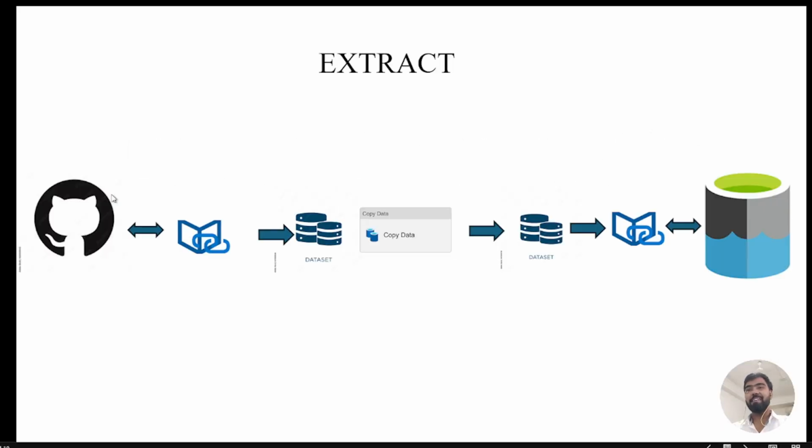Just a quick recap of what we have done till now. In part one, we extracted the raw data from a GitHub link, used Azure Data Factory, and created pipelines to store our data in the bronze layer. Bronze layer basically means a container in Azure Data Lake.